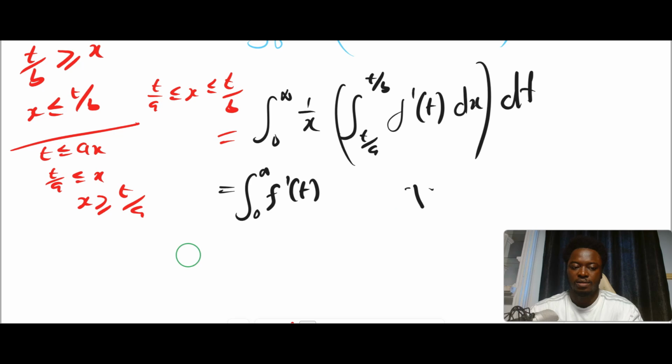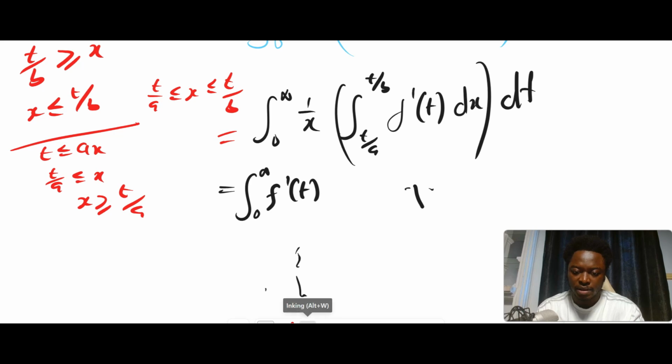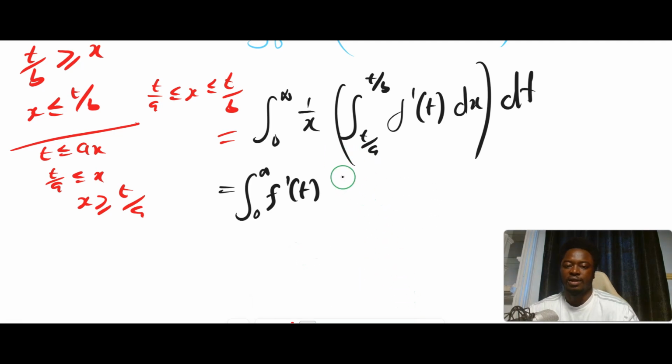So you have now the integral from t over a to t over b of 1 over x dx.